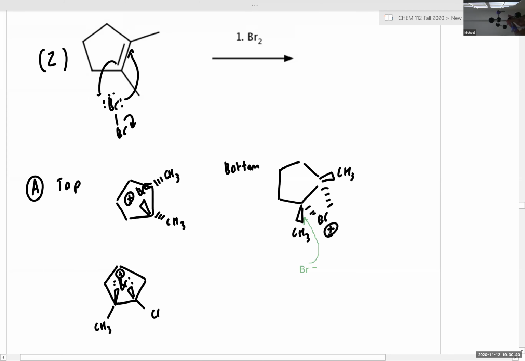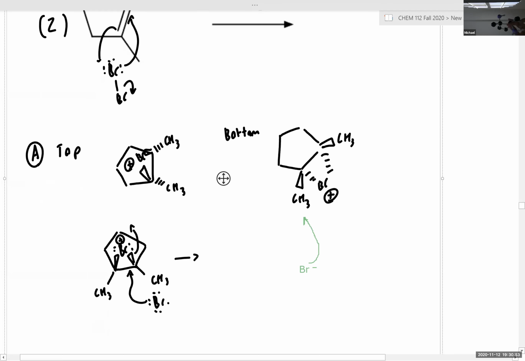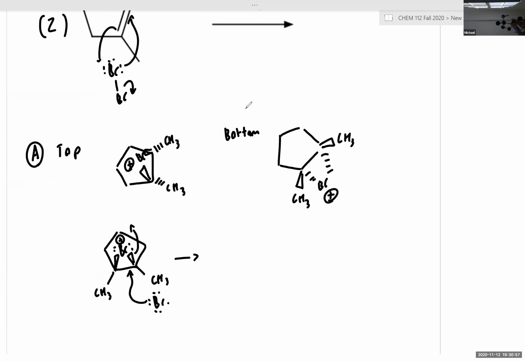And we drew the attack of bromide on the opposite face to our bromonium ion, opening our bromonium ion. Likewise, this is the top face attack. So let's draw that out. That in turn gives us the following product.